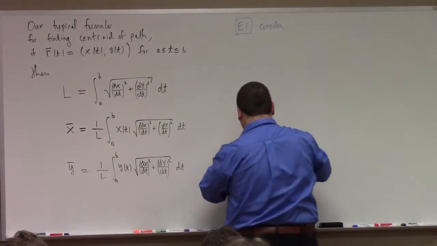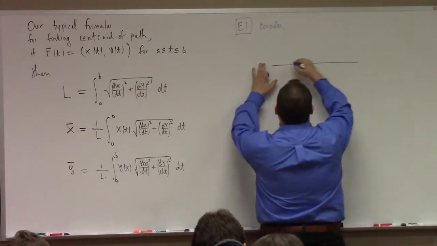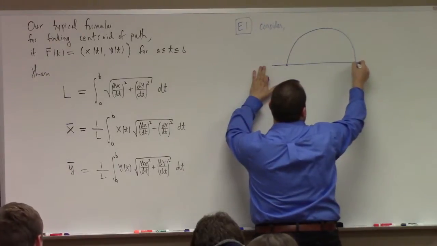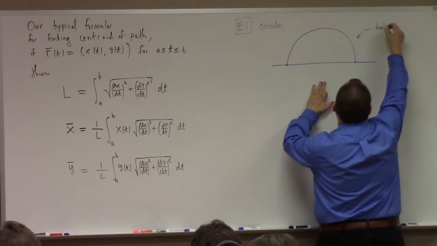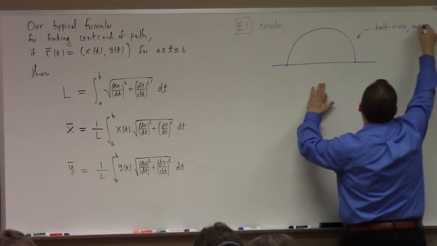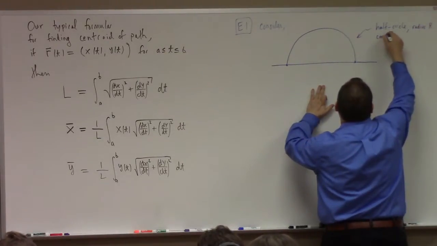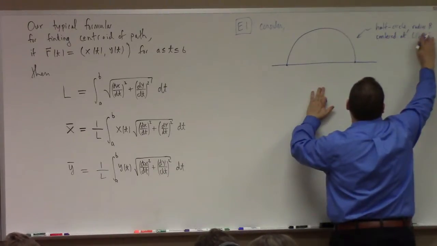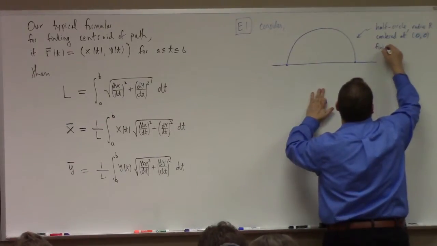Let's consider a half circle of radius r, centered at the origin. Have I already done this? I don't think I have. Find the centroid.